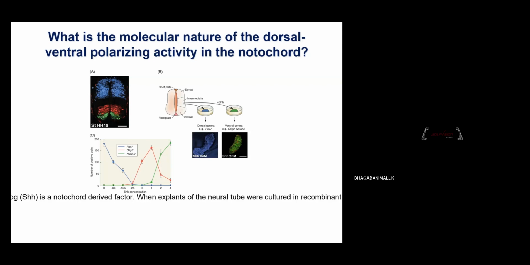Here they have done an experiment in which they added sonic hedgehog. First they took an explant from the intermediate region and set up two distinct cultures. In the culture where they did not add sonic hedgehog, you can see expression of the PAX7 gene, which defines the dorsal patterning of the animal.